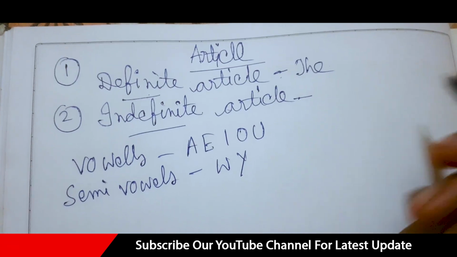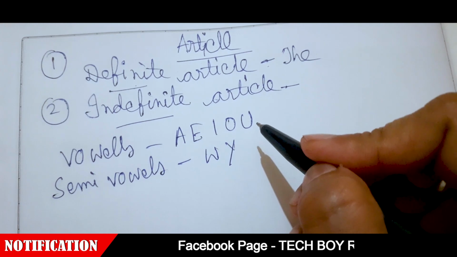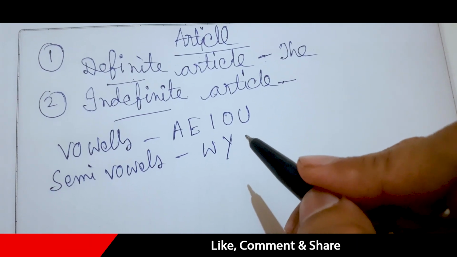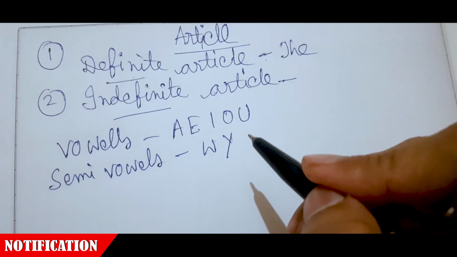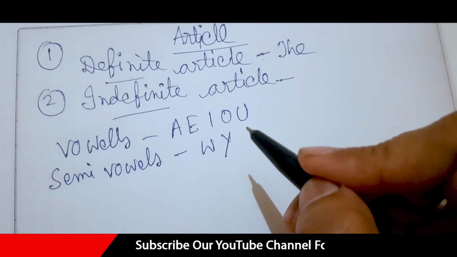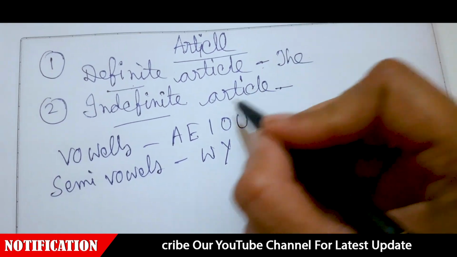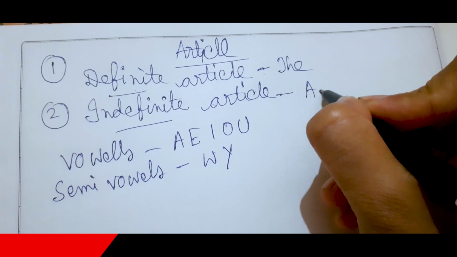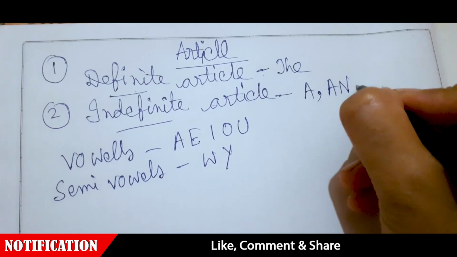And now, what are the indefinite articles? Whenever we use words to particularize the number as 1, a or an at a time, they are indefinite articles. The articles are a and an.